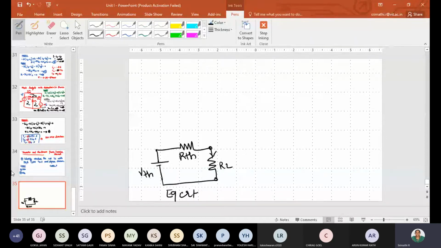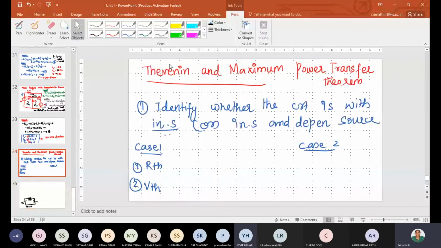So the procedure for case 1, a circuit with independent sources: to find RThevenin, if I have a voltage source, I need to short circuit it, and if I have a current source, I need to open circuit it.